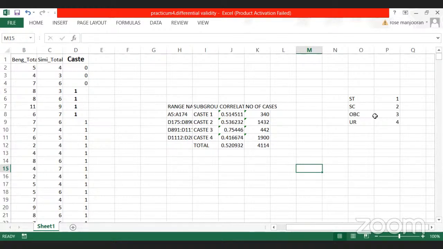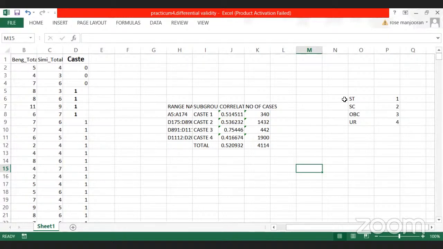Yes, actually, we can do the interpretation like that. For that particular case, the OBC category is more benefited than others because the test is particularly biased toward the OBC category. So OBCs are more benefited in that particular case, and others are not.